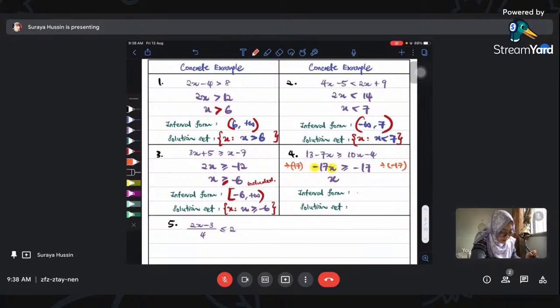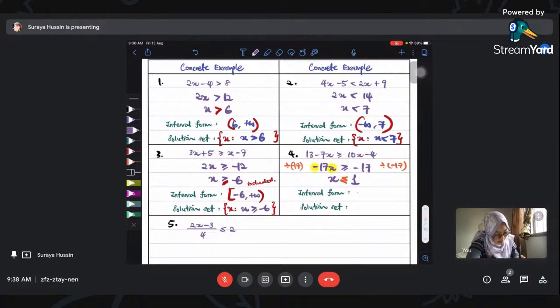Bila you divide both side by negative 17, negative pula tu, the sign will be changed and here you get 1. Senang kan? Senang kan buat bila you dah faham basic tu dengan kuat.